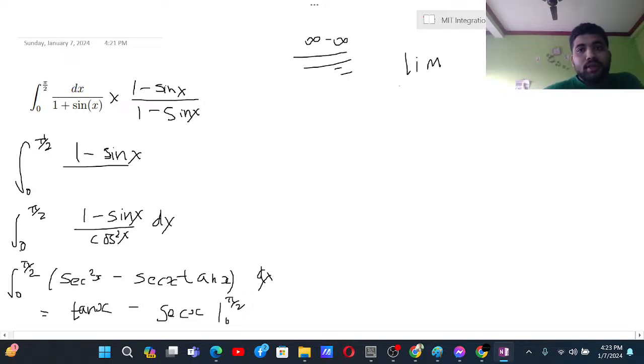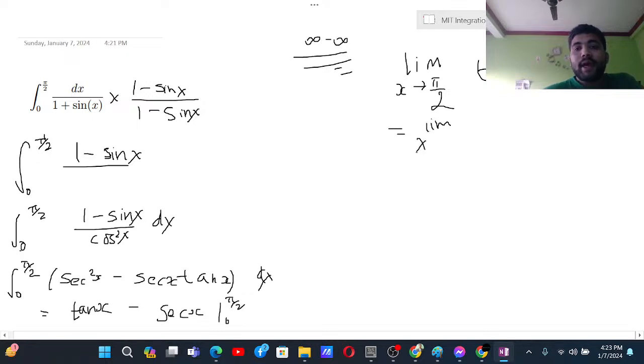Let's take the limit as x tends to pi by 2 of tan x minus sec x. This is the use of limits. Though tan x and sec x individually are not defined at pi by 2, we can take the limit of the difference of these two and we'll get some value. I'm pretty sure about that.